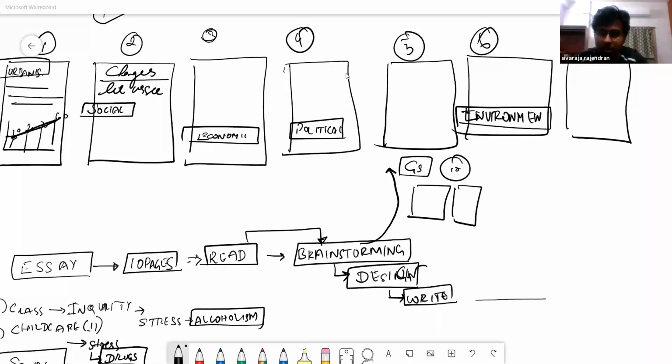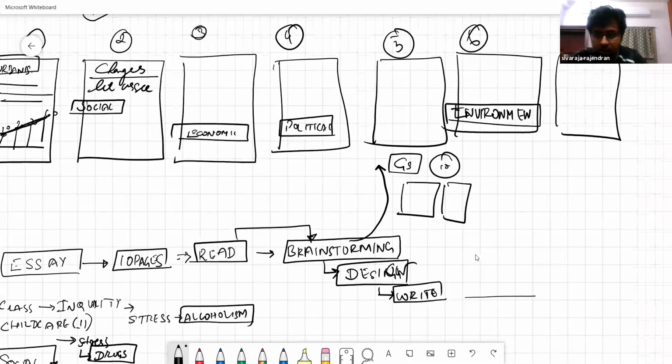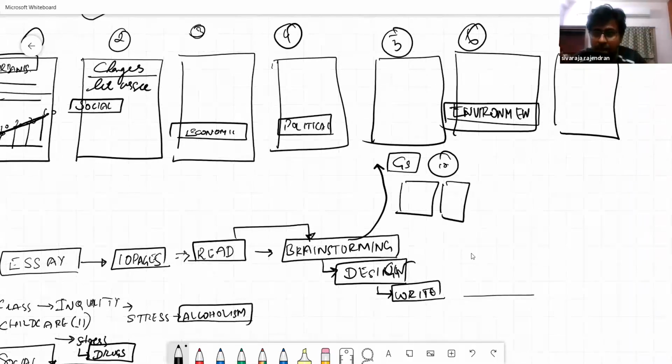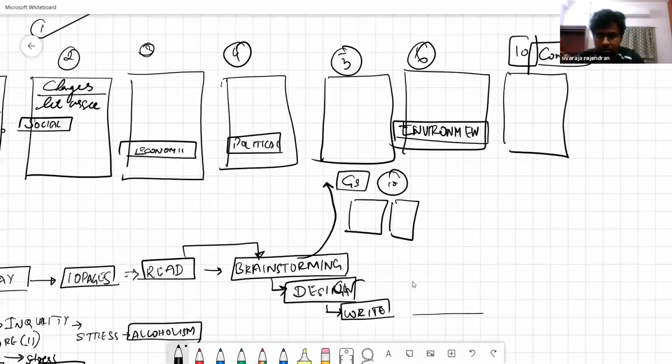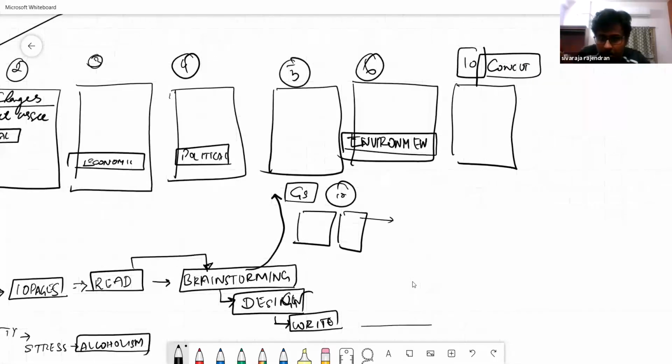In the essay, diagrams are not needed. But in GS answers, you can show lots of things pictorially. In GS answers, a 10 mark question is 2 pages, a 15 mark question is 3 pages, and a 20 mark question is 4 pages.